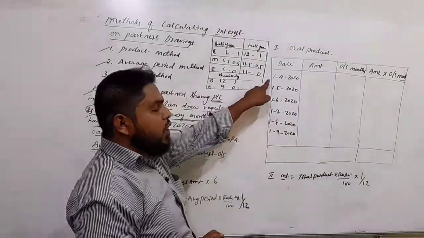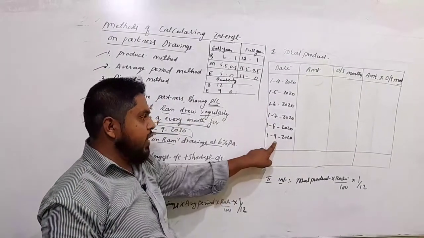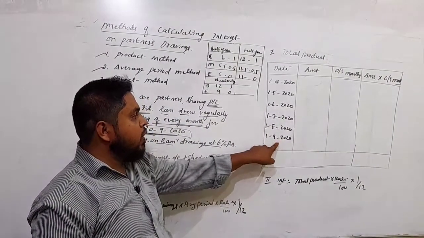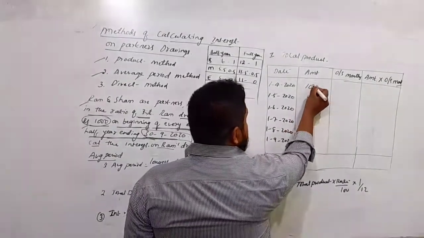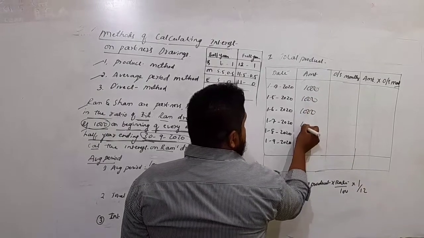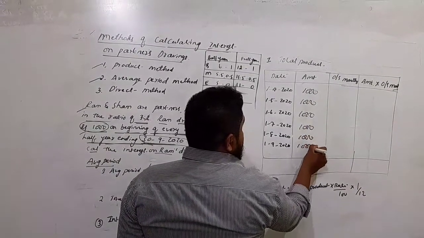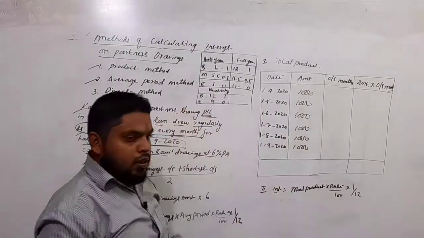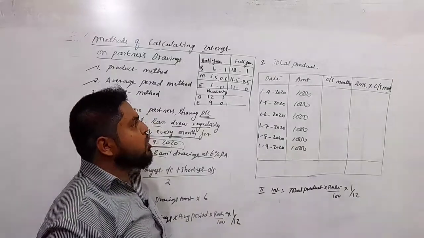So at the beginning of every month for the half year, he has taken ₹1000 for his personal use. So at the beginning of every month he has withdrawn ₹1000.